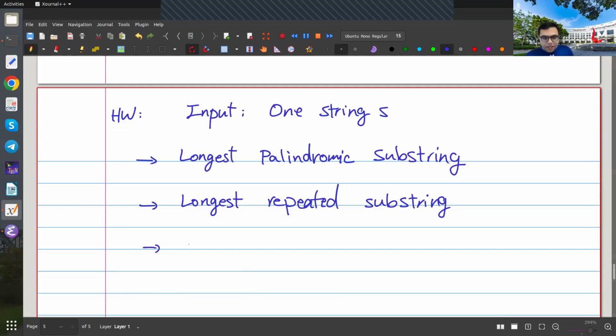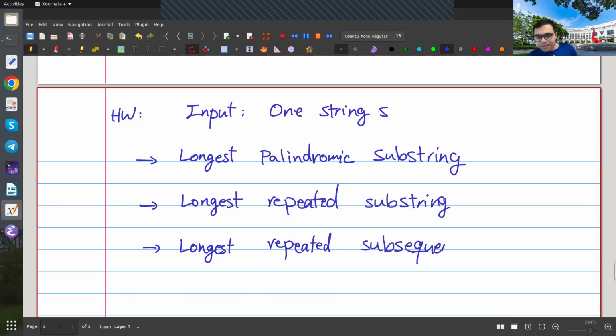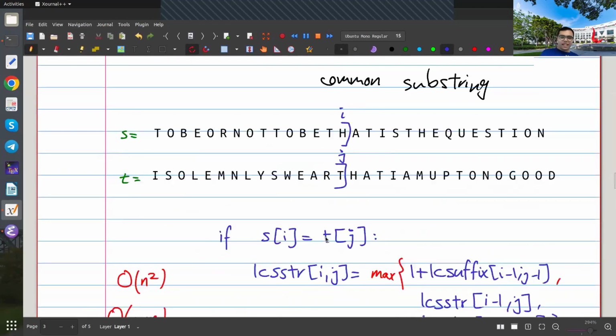And of course, you can imagine that we can do the longest repeated subsequence. That would also be interesting. These three are enough. So just solve these three and figure out how you can solve them in a way similar to all these previous algorithms that we saw.